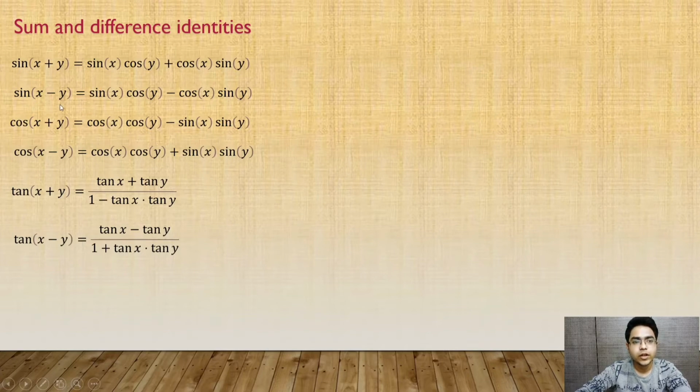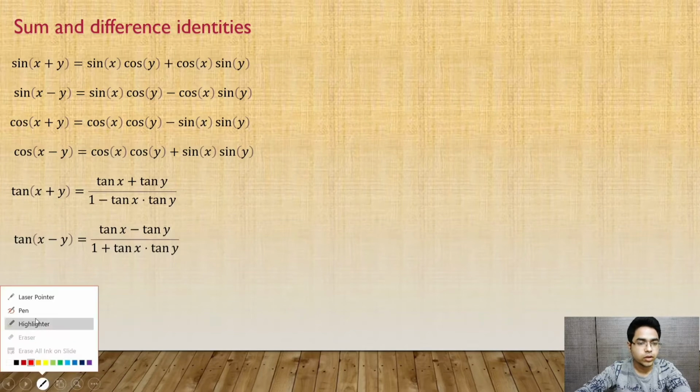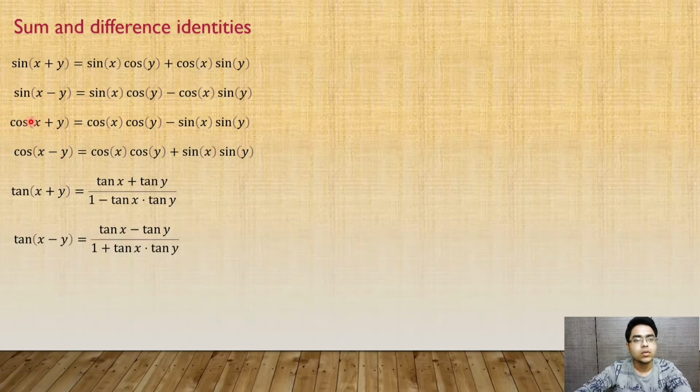Sine of x minus y is equal to sine of x into cos of y minus cos of x into sine of y. Cos of x plus y is equal to cos of x into cos of y minus sine of x into sine of y. And further, cos of x minus y is equal to cos of x into cos of y plus sine of x into sine of y.